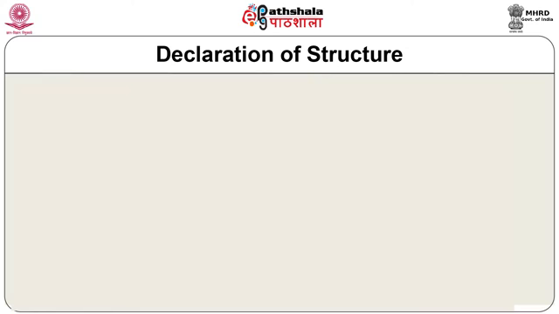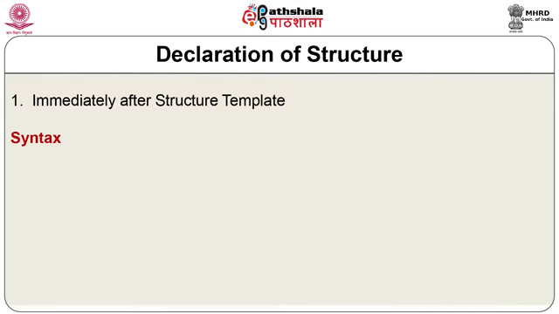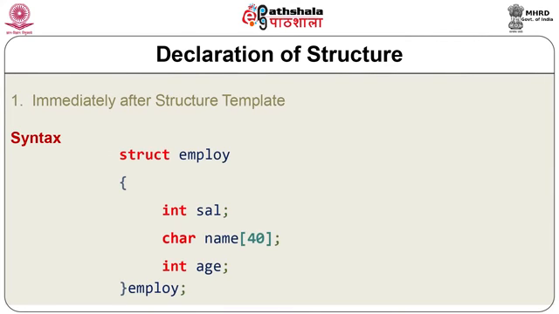Now, declaration of a structure. A structure can be declared in three different ways. First type, immediately after the structure template. You can see the syntax. In this syntax, we are using struct employee.